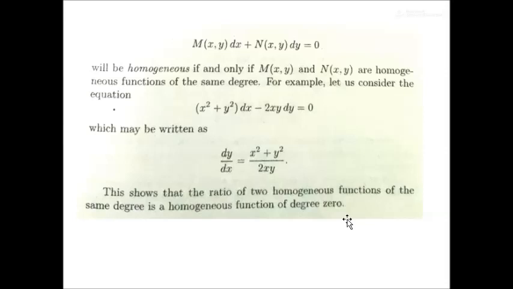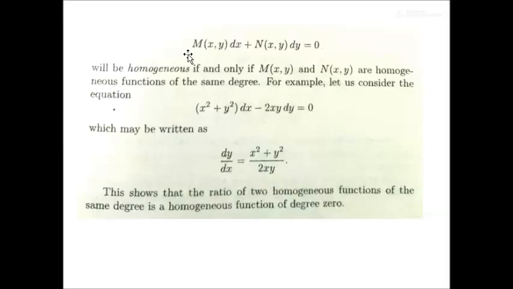Now, a differential equation will be homogeneous if and only if it can be simplified into this form. The right hand side will be 0 and M and N are two homogeneous functions of the same degree.